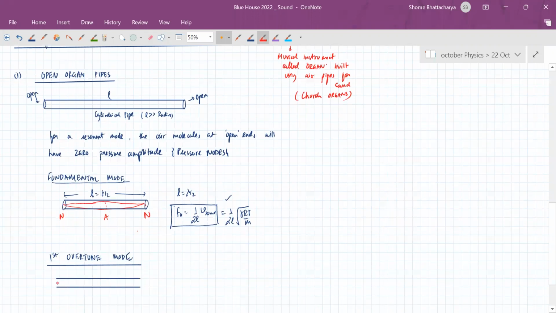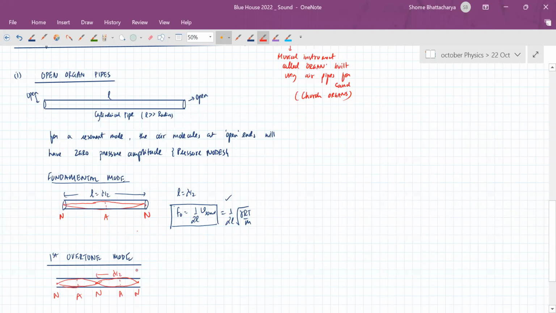So the sequence will look like this: three nodes, so two antinodes in between.